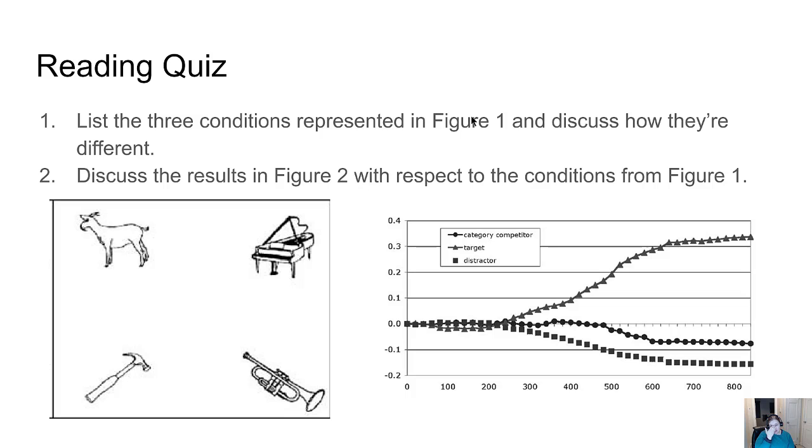Now the reading quiz made reference to two parts of the article. And I'm going to show them to you here, and this is actually the last piece of this video. To understand this is to kind of understand how visual world works. What you're seeing again on the left is the sample with the competitor in it. In figure 1, they had one where there was just the target, one there was just the competitor, and one where there was both.